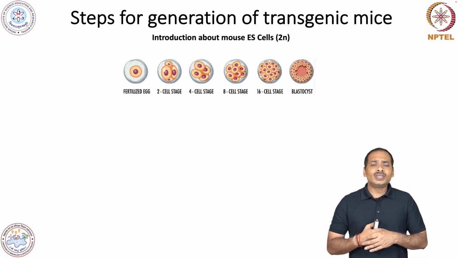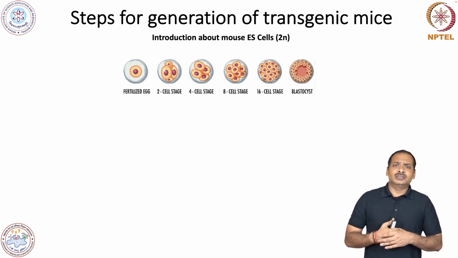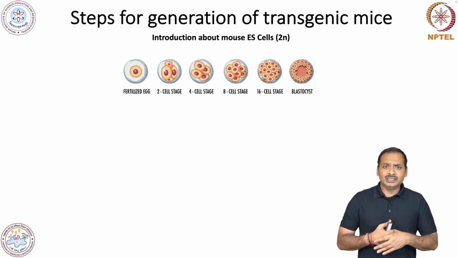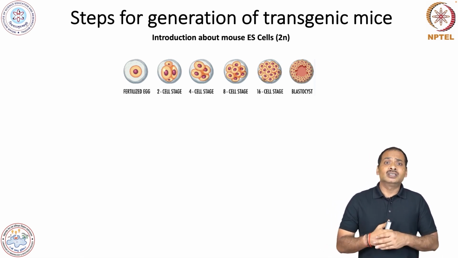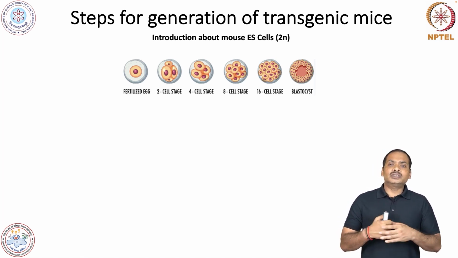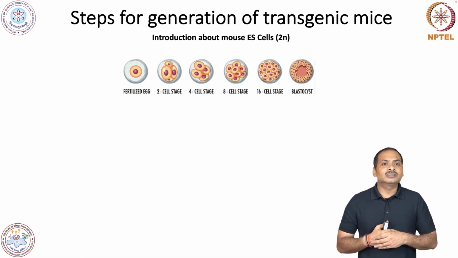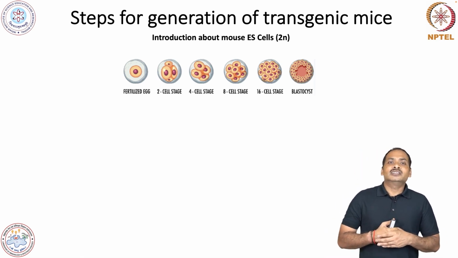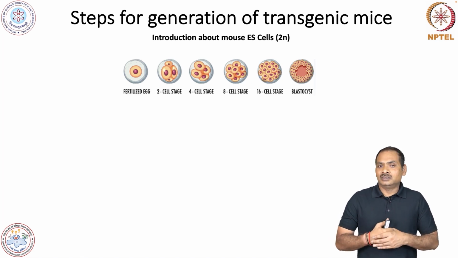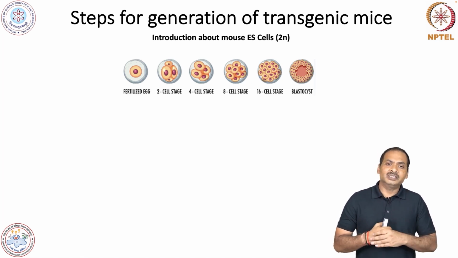Okay. In addition, there are several challenges and several special things needed for the maintenance of embryonic stem cells. The first and foremost important thing is that these embryonic stem cells can grow in dishes, glass plates.